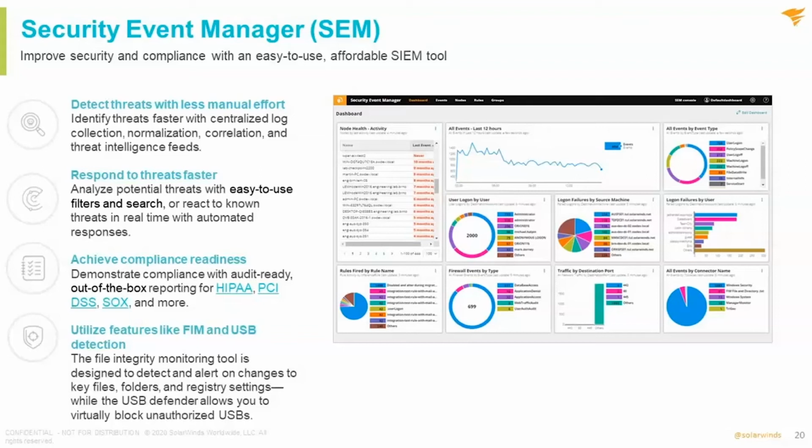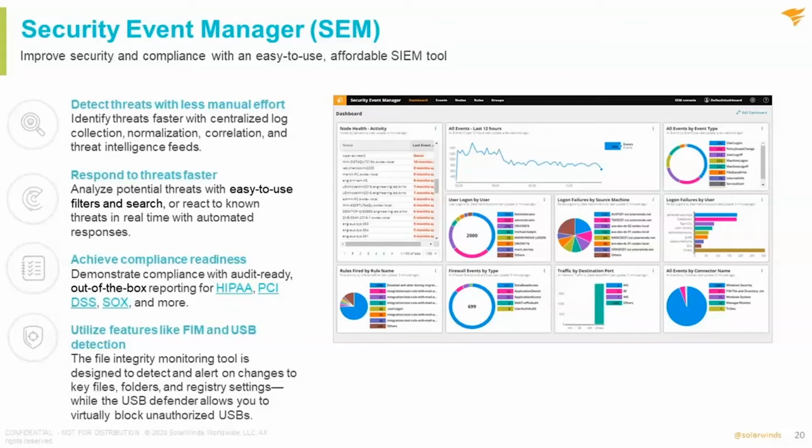SEM is going to help you to be compliance ready by giving you some of those audit-ready reporting capabilities, as well as utilizing features like our file integrity monitor and USB detection. So if somebody is in your system and they are messing around with a file that they should not be, it's going to be able to alert you to any changes on those key files and give you the ability to virtually block that.